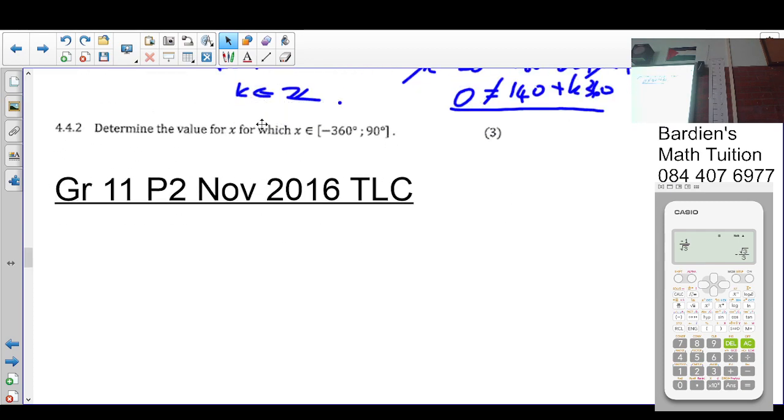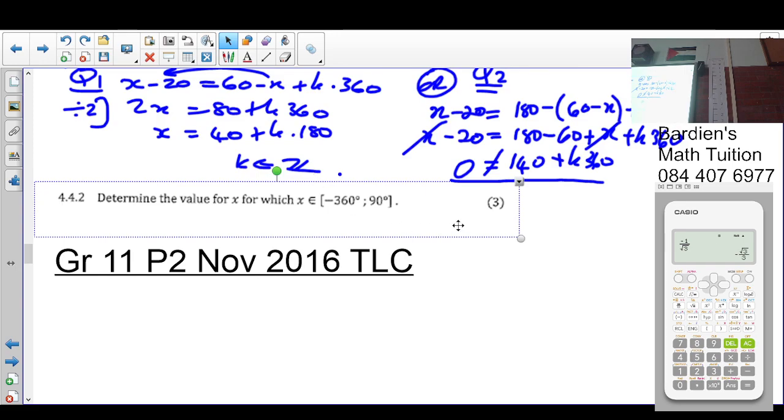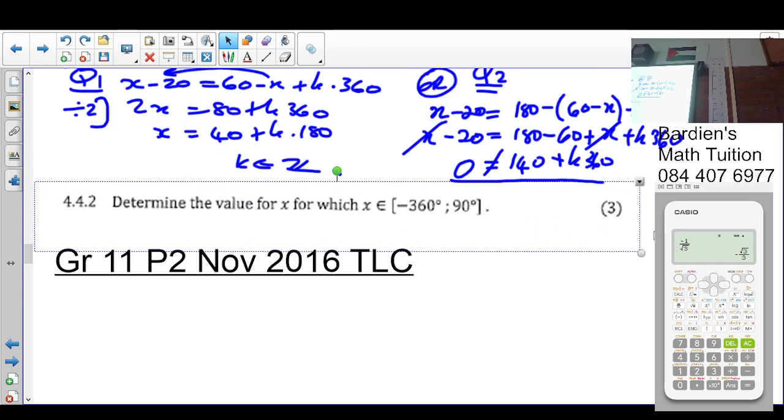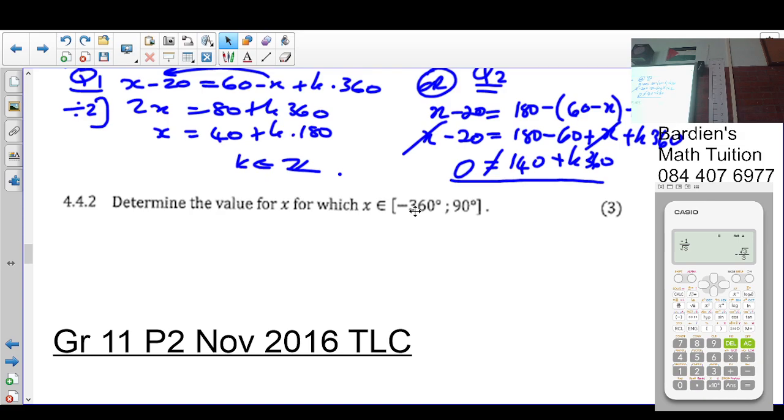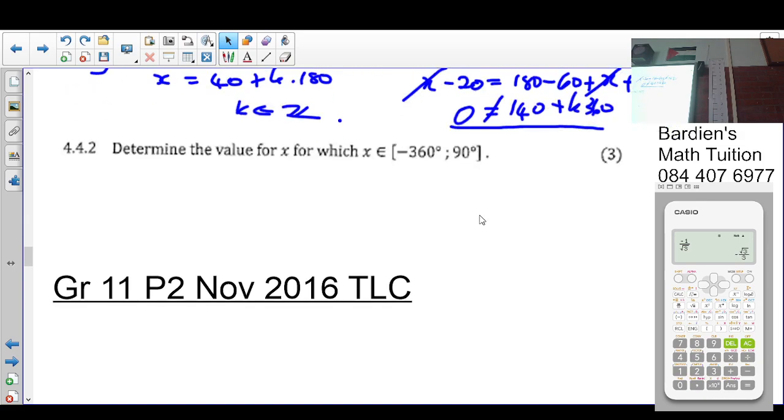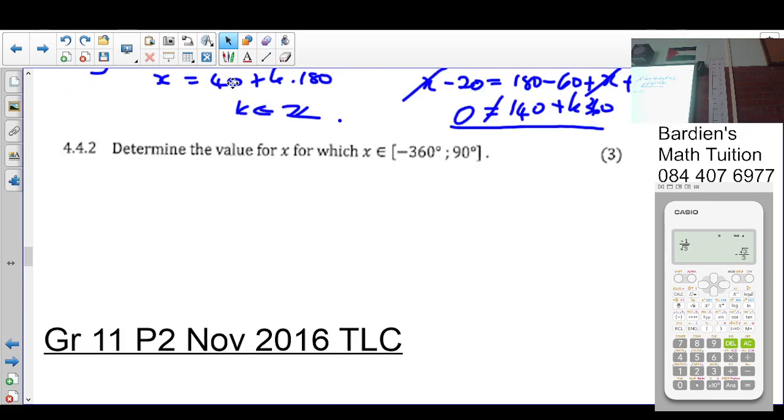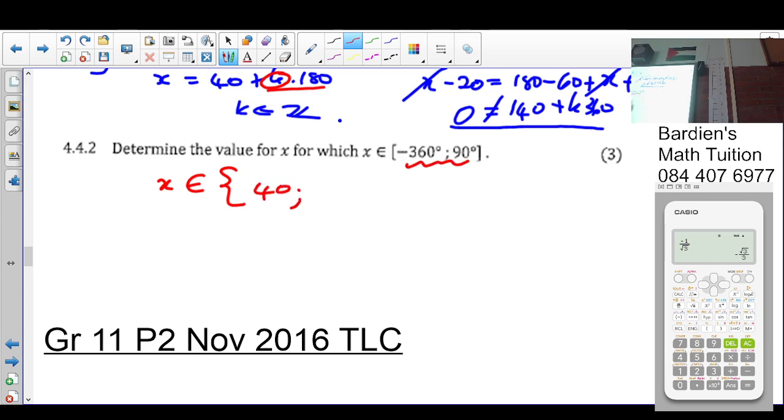Alright. And then we are told to determine the values for x, for which x is an element of negative 360 to 90. So I must now use this general solution here. Can you see that? So now I say, okay, x is an element of, and I start listing. I start putting a 0 there for k. Then I get 40, which is within this given domain. Okay. So if I put k to be 1, it's 220, which is outside the 90.